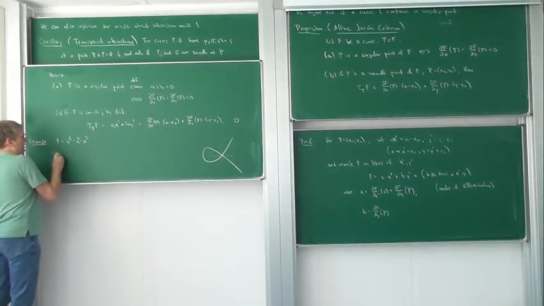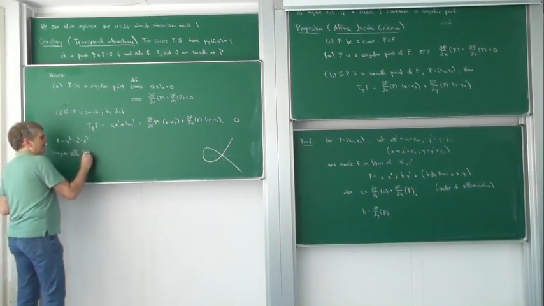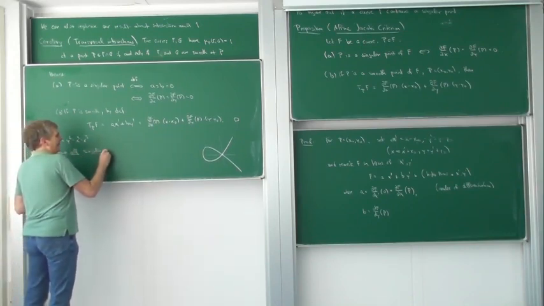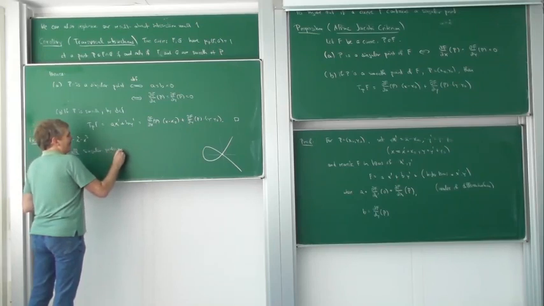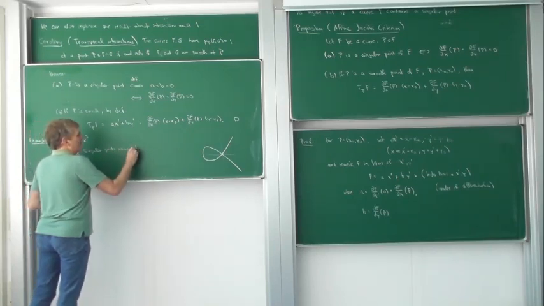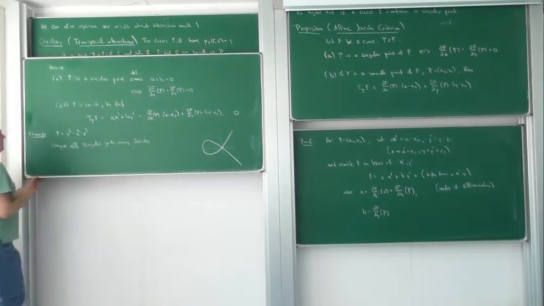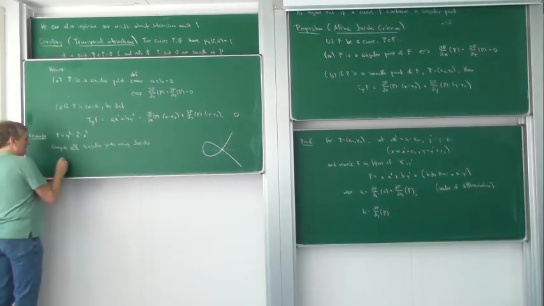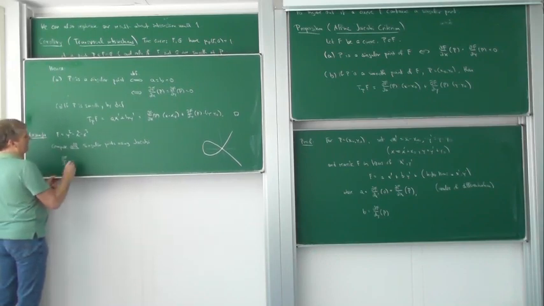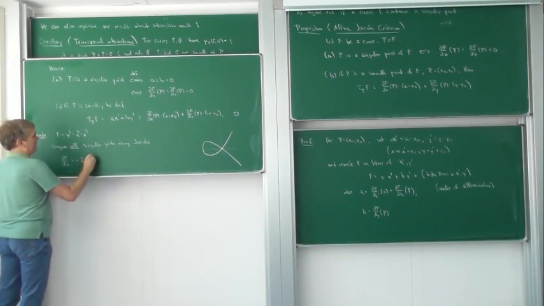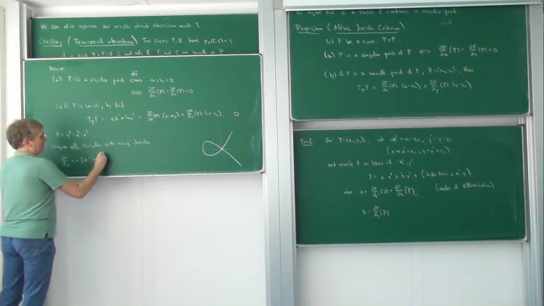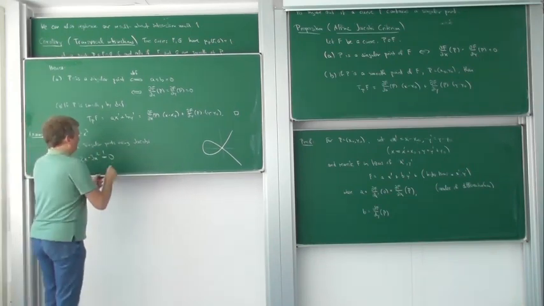So we want to compute all singular points using this Jacobi criterion. We just compute the partial derivative with respect to x, which is minus 2x minus 3x squared, and this is supposed to be 0.